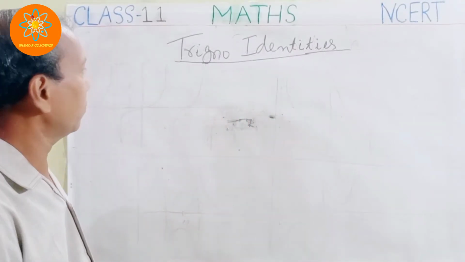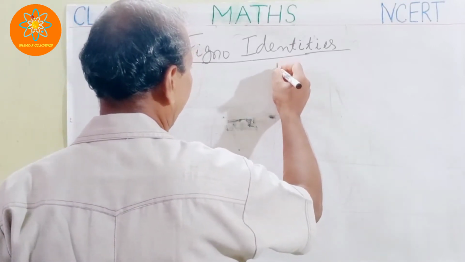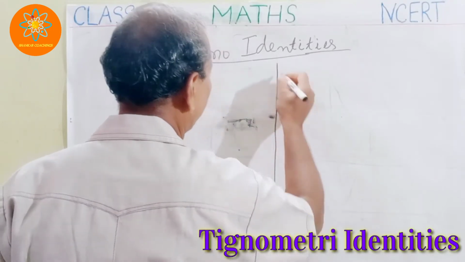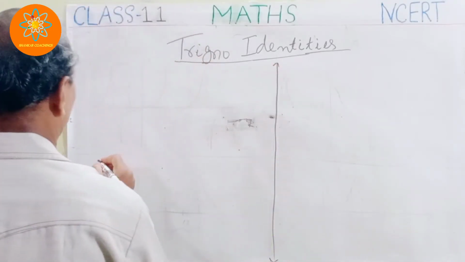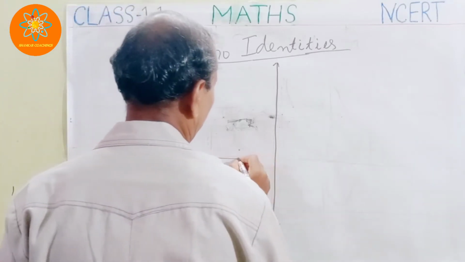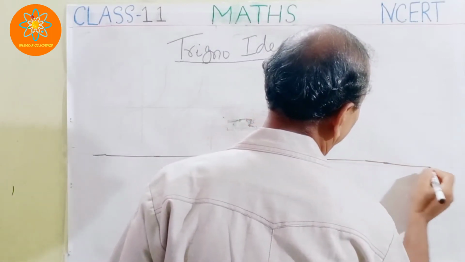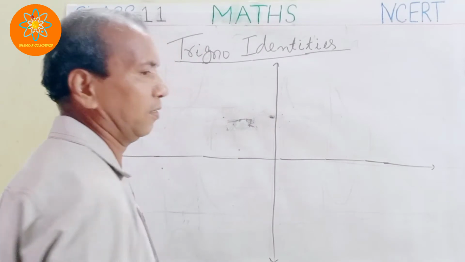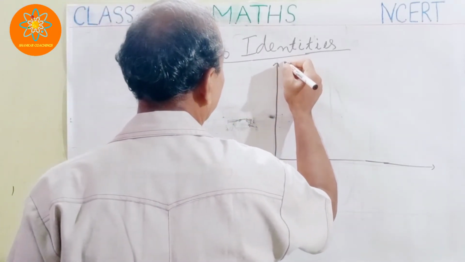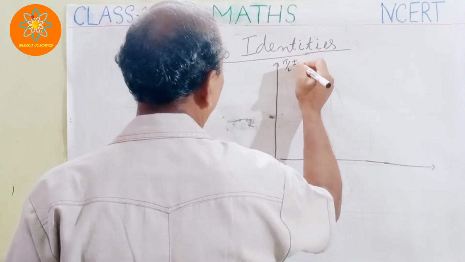Now we see the trigonometric identities. So for identities, I am just drawing a coordinate system, all 4 quadrants. And let me take x as an angle. So this point I can write as pi by 2 plus minus x.